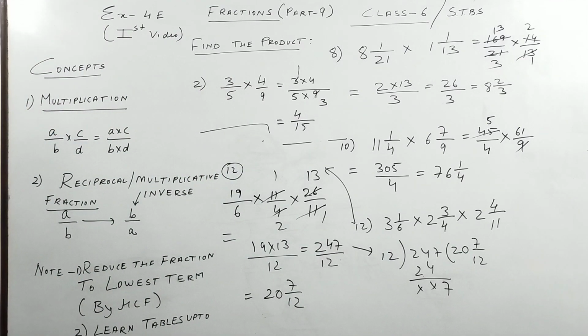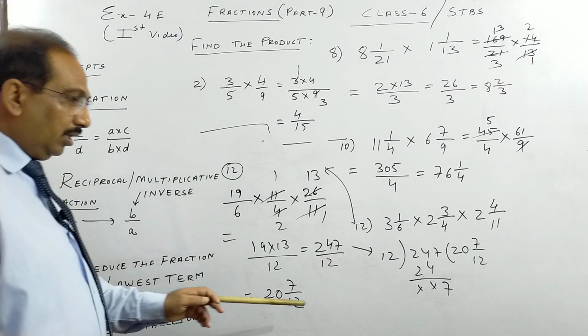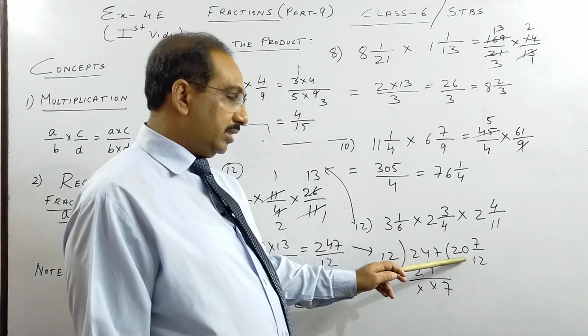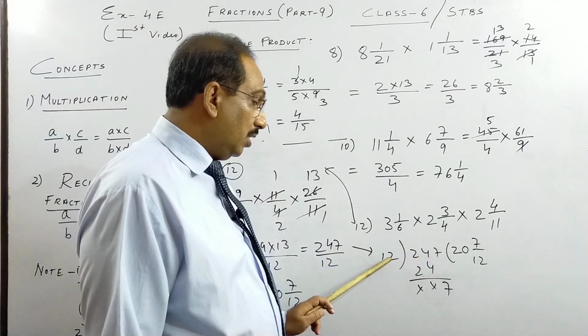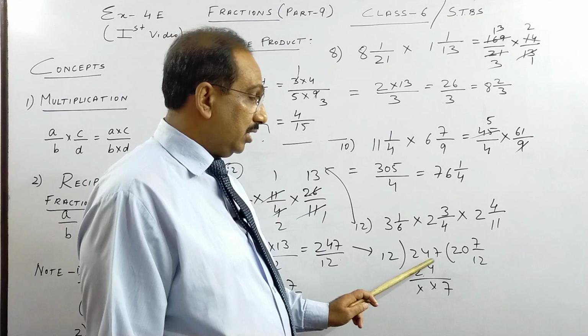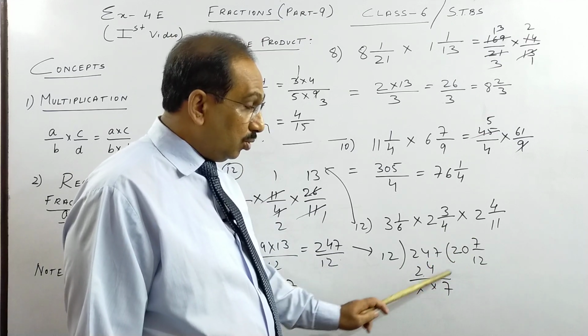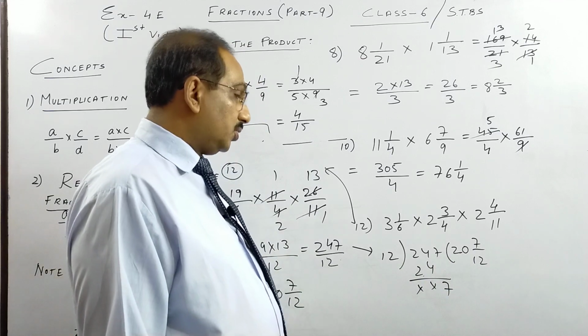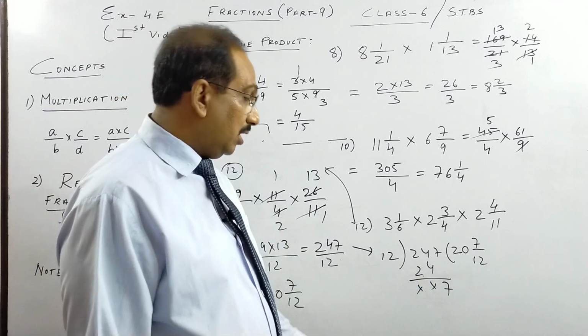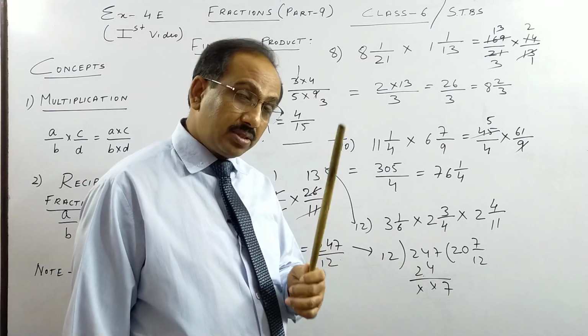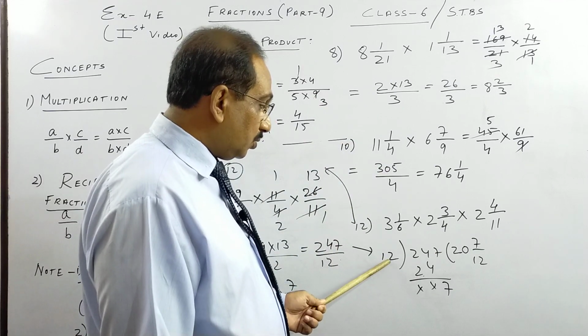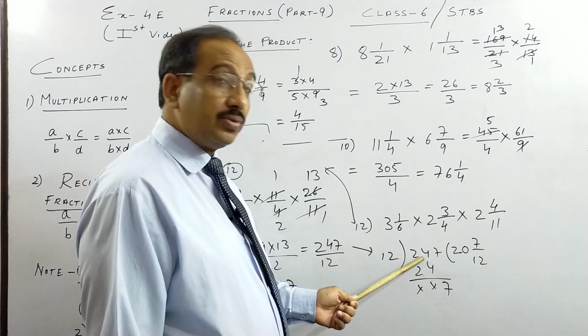One more thing I'll tell you is, this part is a little tricky. Don't write 12 20s are 240. Generally I see children making it 27 by 12. No, 1 0 will come. So sometimes division is tricky and you have to apply your common sense, mental maths what I tell you. So 12 2s is 24.